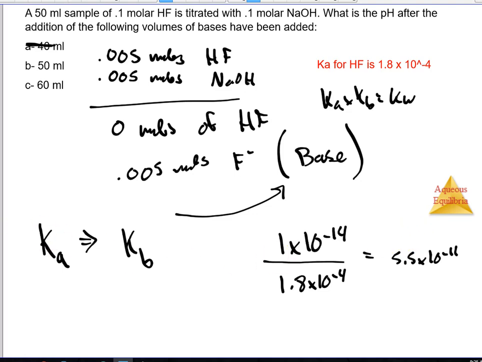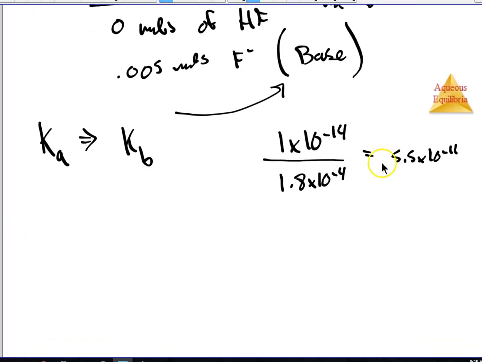Okay. So now what we're going to say is that my Kb is equal to x squared over initial. But remember, red flag, if it's Kb, then x squared, my x is equal to my OH minus concentration.